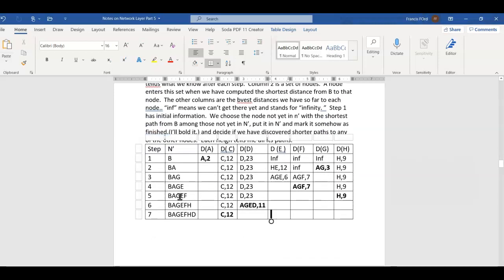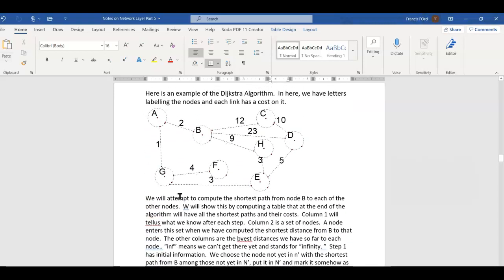So now I computed that if I want to get to G, I can go from A to G. I'm sorry, I thought I was at A for a minute. I'm at B. A tells me, hey, I can get to G in 1 unit. Well, B says, I can get to A in 2, so that means I can get to G in 3.